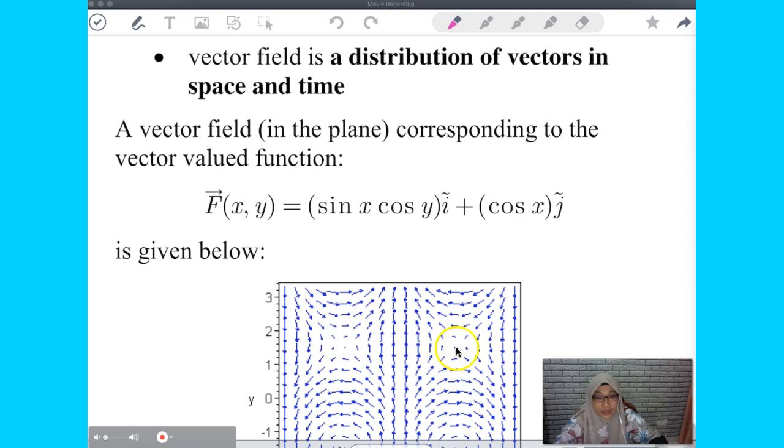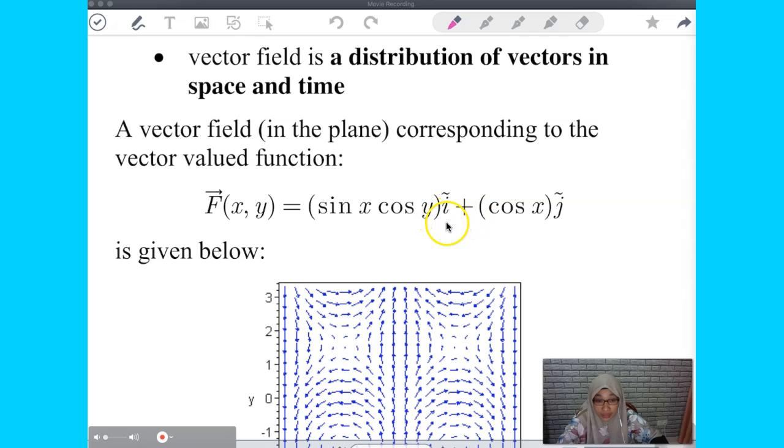If you relate this with sketching the graph of a vector function, this one is complicated to do, right? It is impossible for you to sketch the graph in 2D for the vector function. As I mentioned before, if your function is 2D and depends on x, y, the graph is supposed to be a curve.